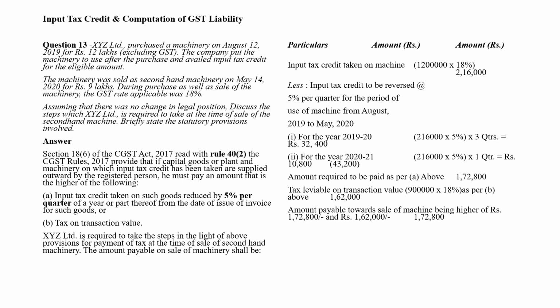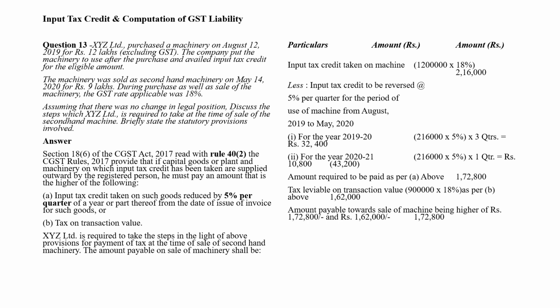So 2,16,000 into 5% into 3 quarters is equal to 32,400. For the next year 2020, that is 1 quarter. 2,16,000 into 5% into 1 is equal to 10,800. So the total will be 43,200.